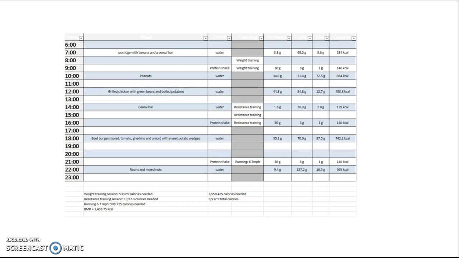And then maybe given the water at different times, depending on the time he's training, and the protein shakes given consistently after, simply because that's a good time. It's when your muscles are most susceptible to being rebuilt.